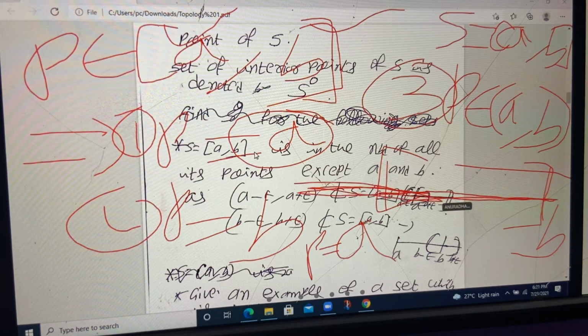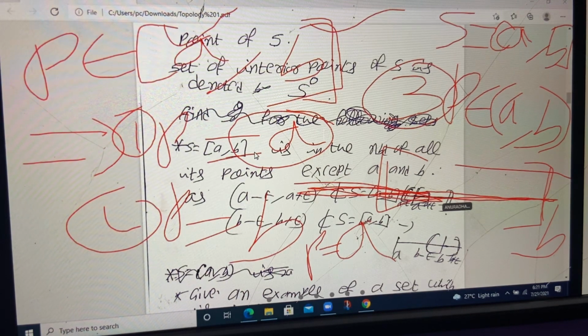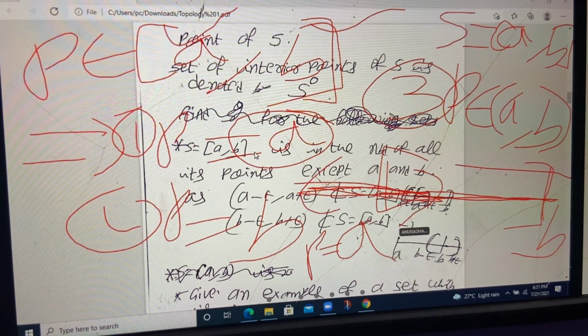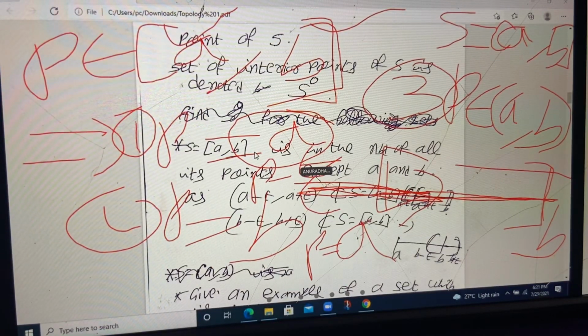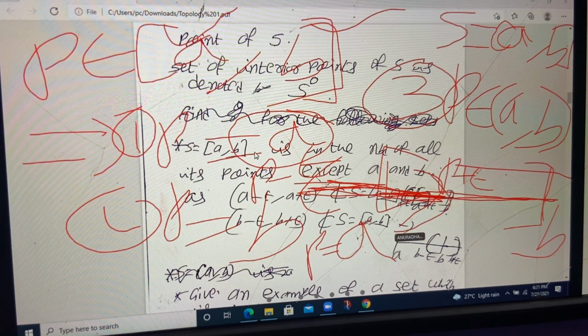How to check? Whenever P equals A, consider P minus epsilon and P plus epsilon, that means A minus epsilon, A plus epsilon. A minus epsilon will be to the left side of A, A plus epsilon to the right side of A. We want to know whether this interval is contained in this set S.